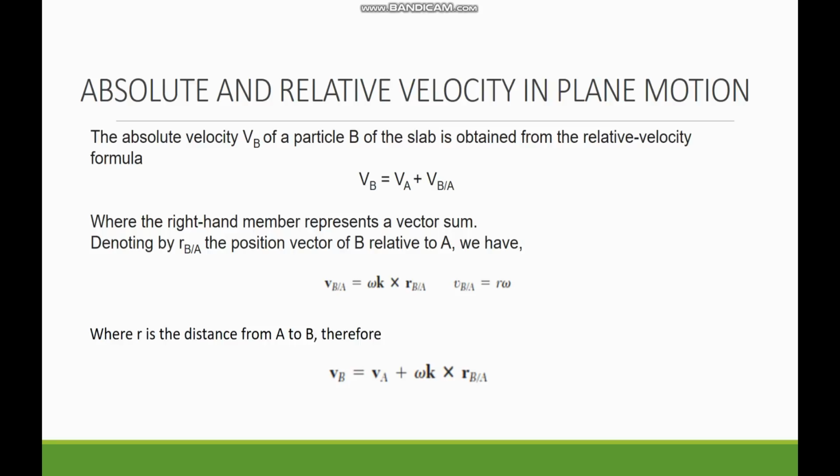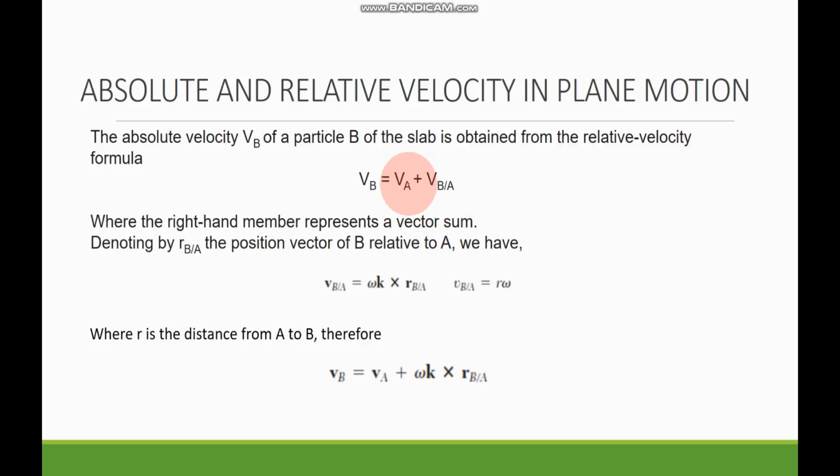So, the absolute velocity of particle B of the slab is obtained from the relative velocity formula, which is the velocity of B is equal to the velocity of A plus the relative velocity of B with respect to A, where the right hand member, so ito yung right hand member niya, represents a vector sum of the velocity of A and the relative velocity of B with respect to A. So in this section, you will see that a plane motion of a slab can be replaced by a translation defined by the motion of point A and a rotation. So where VA and VBA represent the vector sum.